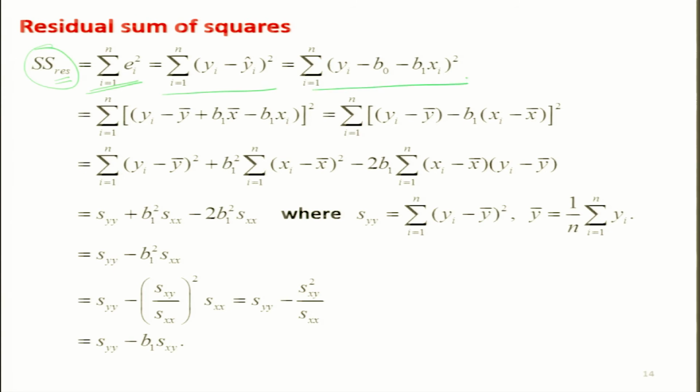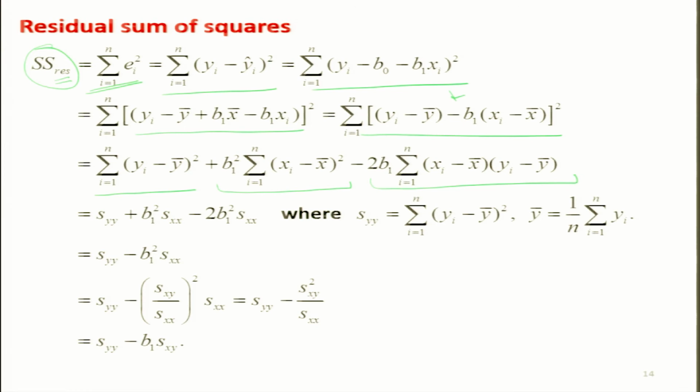The value of yi hat can be written as B0 plus B1 xi, and if you write down all these things and simplify, this quantity becomes summation of yi minus y bar minus B1 times xi minus x bar, whole square. If you open it, this comes out to be the summation of yi minus y bar whole square, plus the square of the second quantity, and the cross product of the first and second quantity.